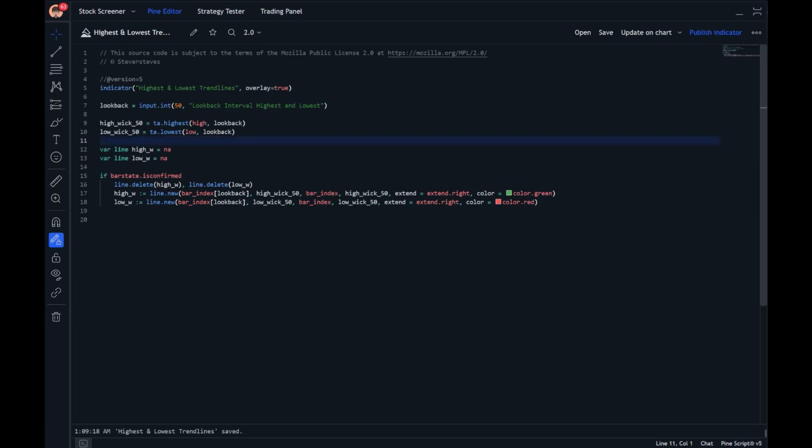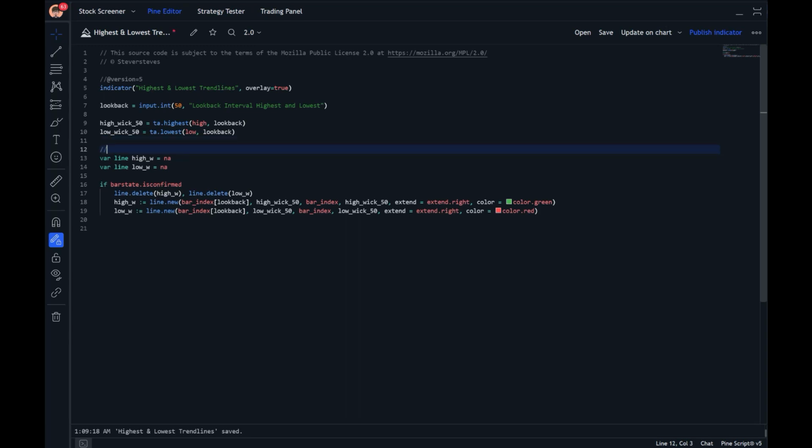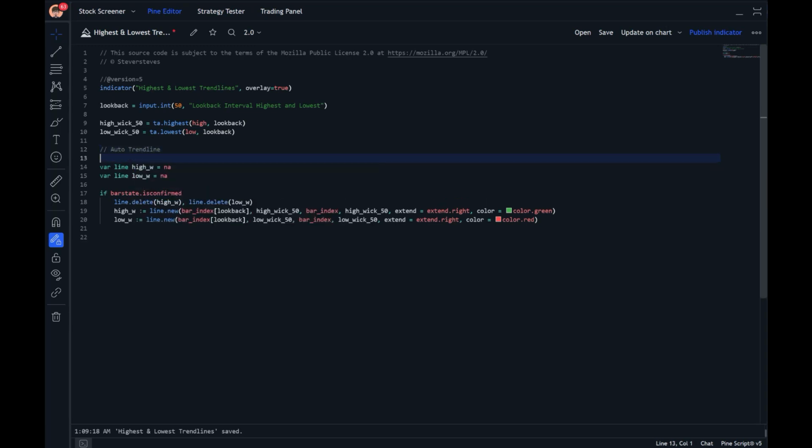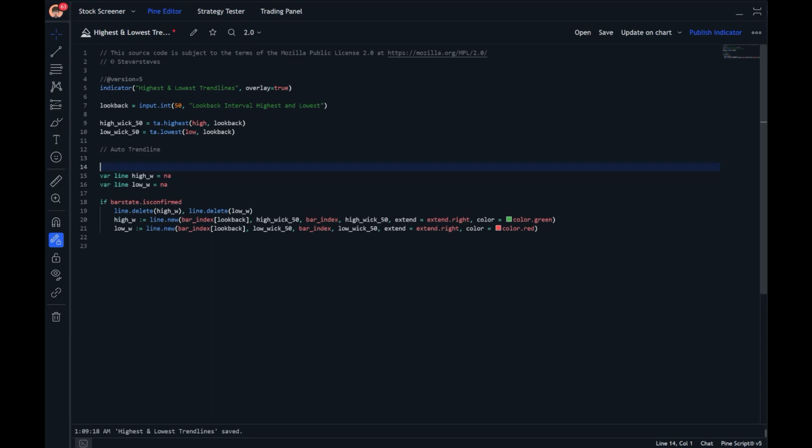So first of all, we have to define the parameters for our auto trend line, all right? I'm going to use these slashes just to separate the code from up here down here. We're going to label this auto trend line just for our own reference, so when we come back we know exactly what we're doing in this section of the code.